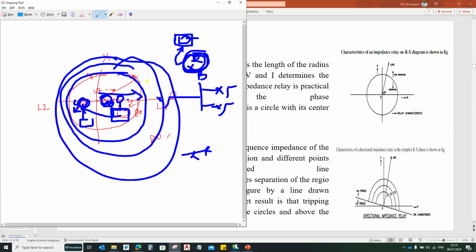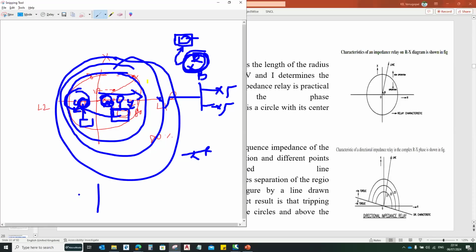For example, if the fault is somewhere here, only this relay will operate and trip the circuit breaker. If the fault is somewhere in this area, this relay won't operate because of the directional characteristics. The directional characteristic is selected based on the flow of fault current.